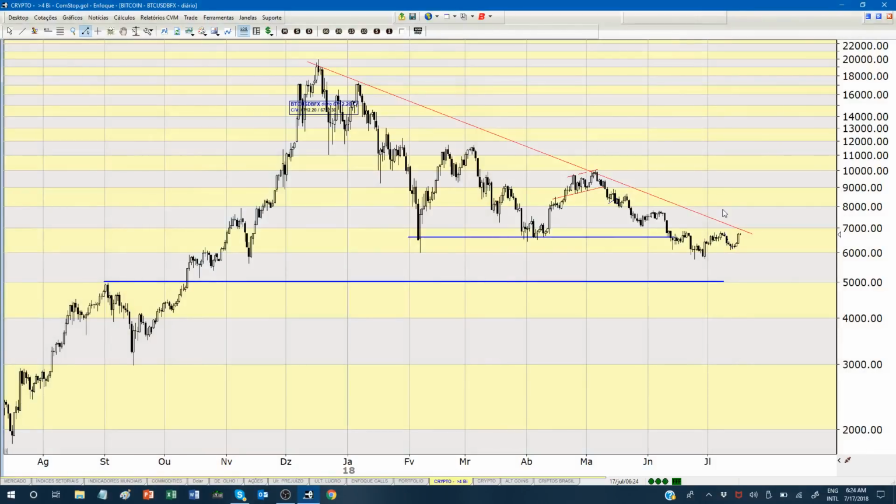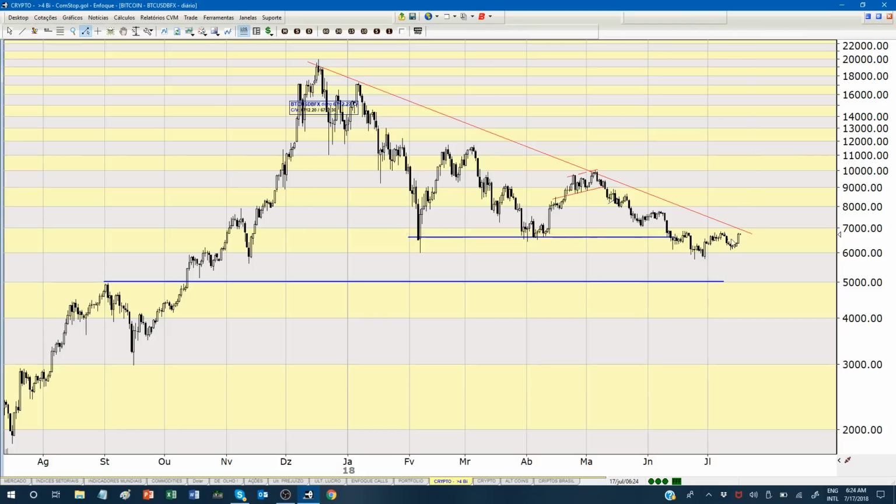So given that, I am now considering that we're probably going to be going up, and we're probably going to be seeing these resistance levels being broken, and that will coincide with the break of the 6,800 resistance level.